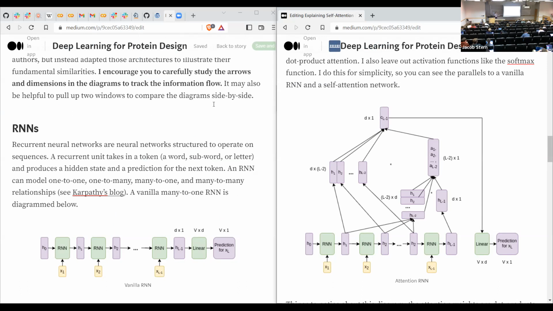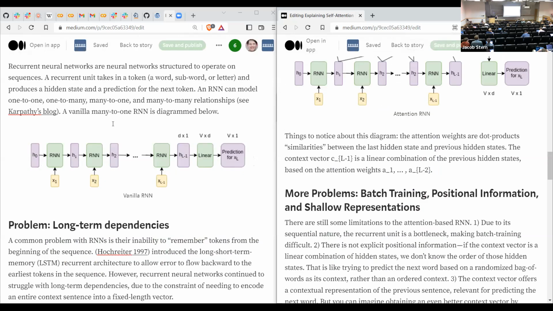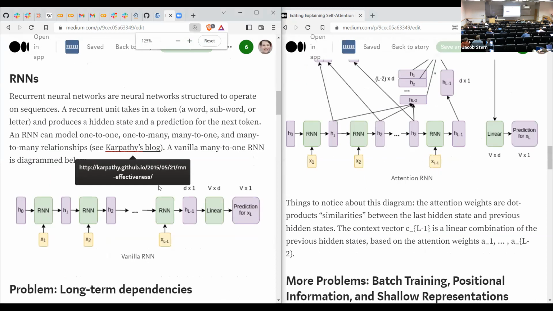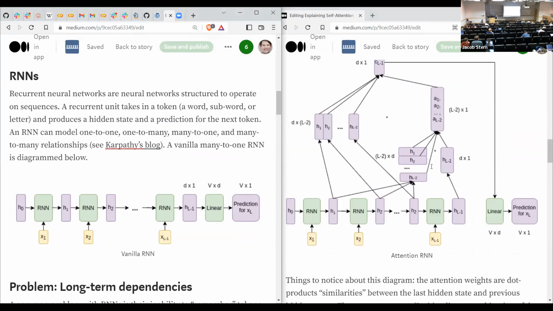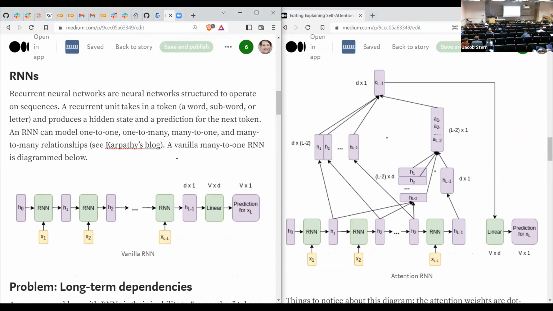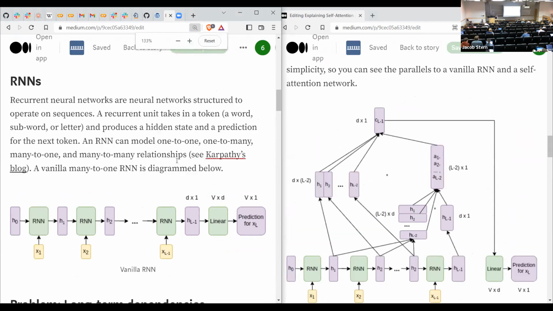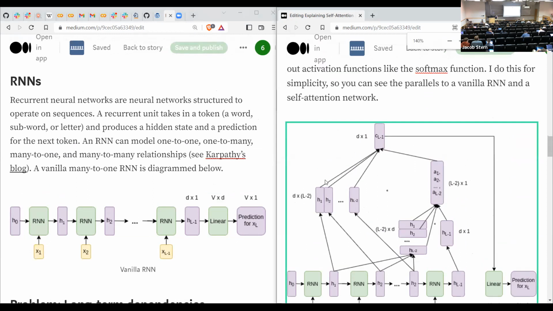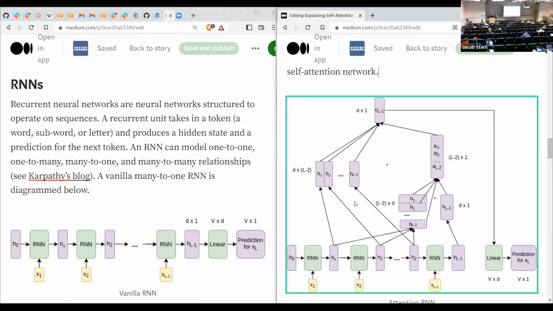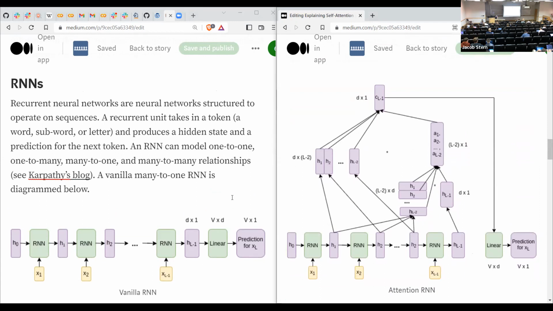Can you see what this says? That's probably pretty small in the back, huh? Okay, let's see if I can make this any bigger. Is that any better?